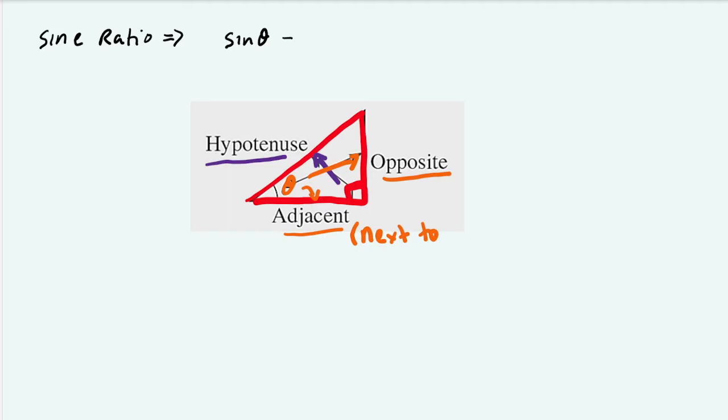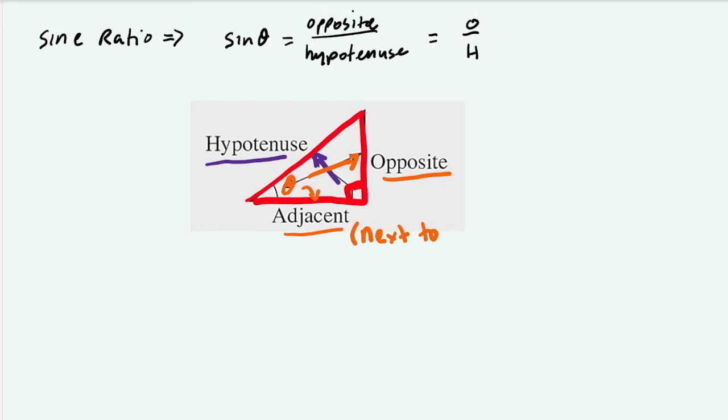Sine of theta is the opposite side over the hypotenuse, or O over H, is one of the ways that we can write it.